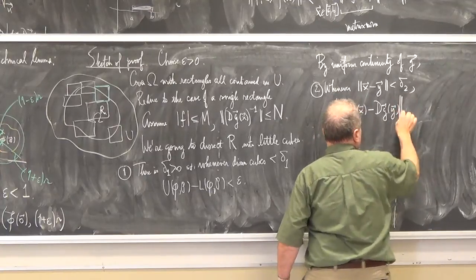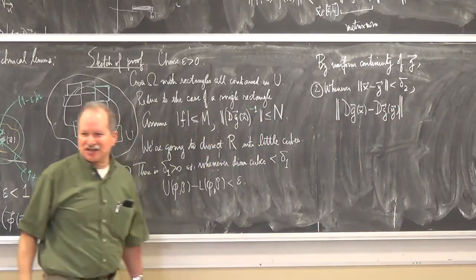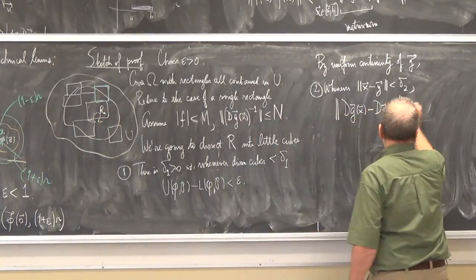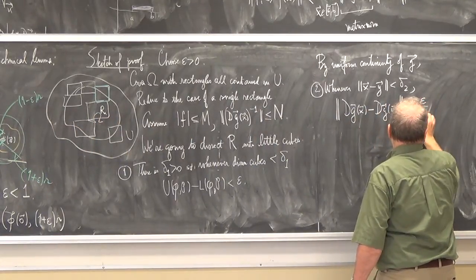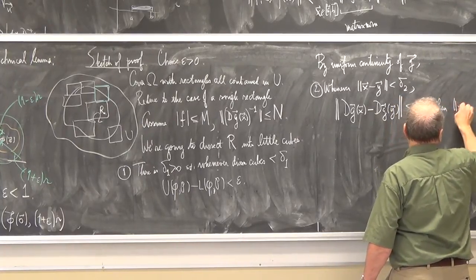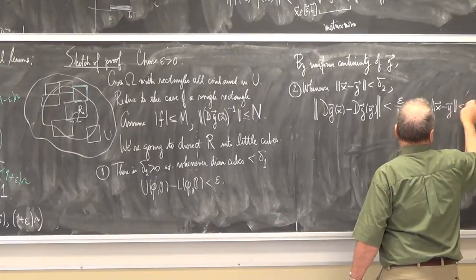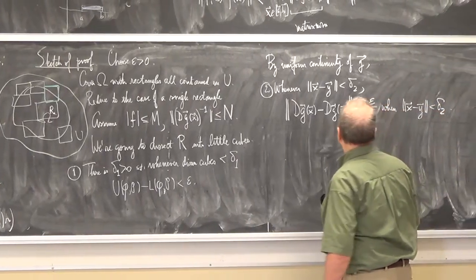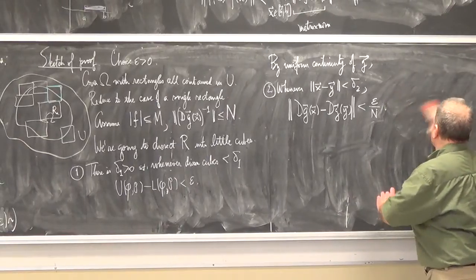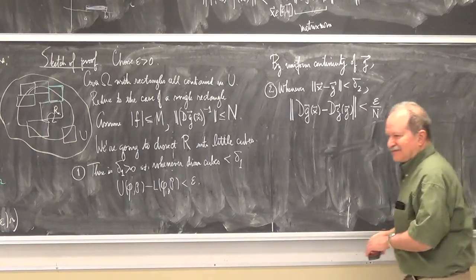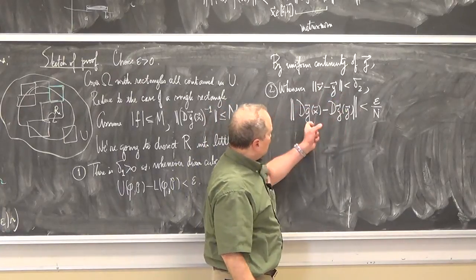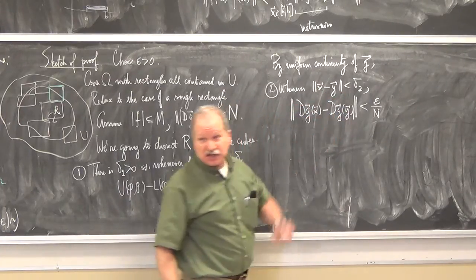So again, that's that same norm of a matrix stuff. It's going to come out all over here. This is going to be less than epsilon over n when x minus y is less than delta 2. So I'm controlling how close points have to be to make the derivative of G not vary very much.